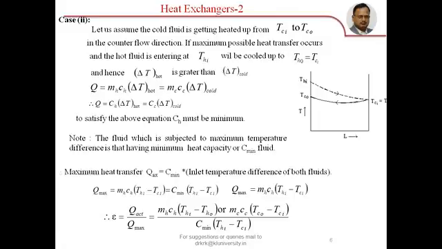The second method is from the temperature differences. If all the 4 temperatures are known, the one which is subjected to maximum delta T is the minimum heat capacity fluid. That is the second way to identify minimum heat capacity.